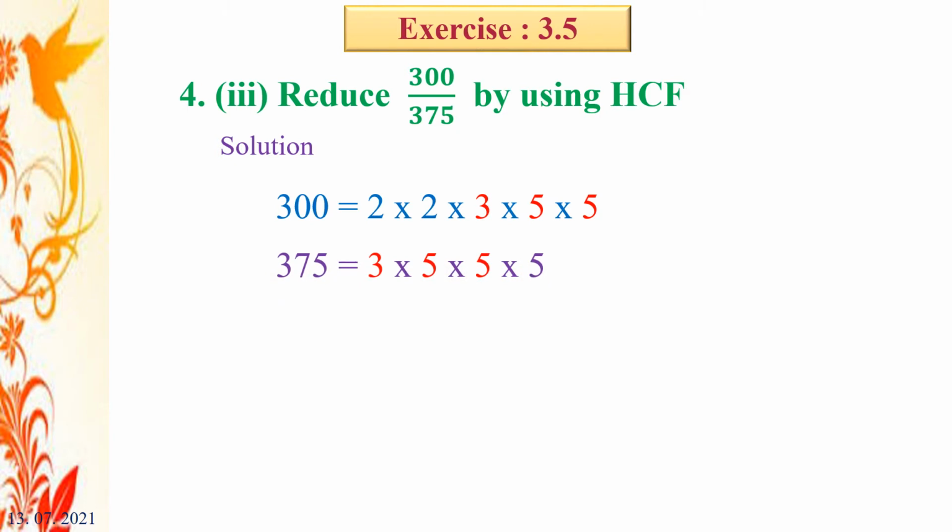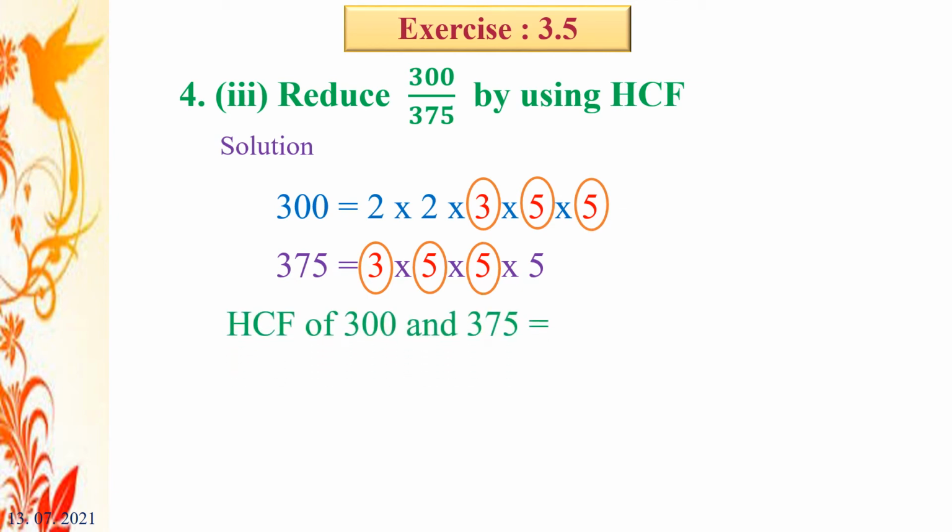That means 375. The factors are 3 multiplied with 5 multiplied with 5 multiplied with 5. Now we are going to encircle the common factors of 300 and 375, that are 3 and 5 and 5. These are the common factors.